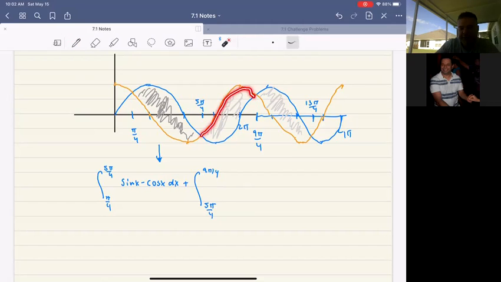What's the upper one? Cosine. Plus, again, the integral from 9 pi over 4 to 13 pi over 4, and that's going to be, again, sine x minus cosine x.